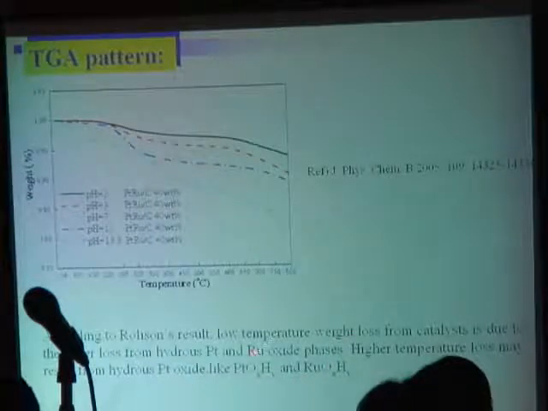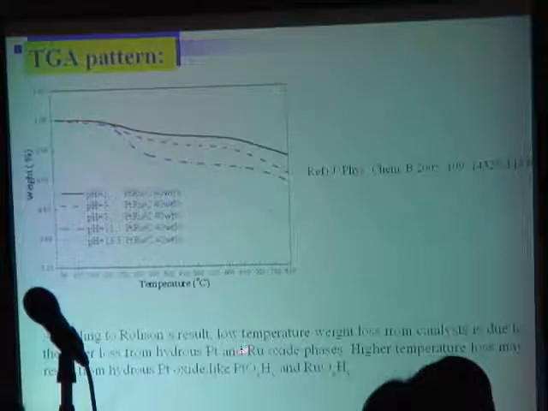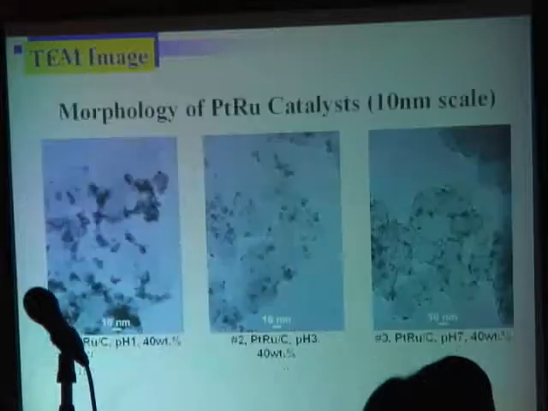So we can know that there may be some PtRu oxides and PtRu hydrous oxide forms. That's the reason why the alloy content is 80% for Pt.